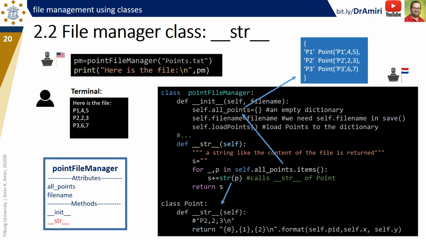So here, each time I iterate the dictionary, I will add exactly that line in the format that follows the record in the file, line by line. It's added to S, and then I only need to return S here.